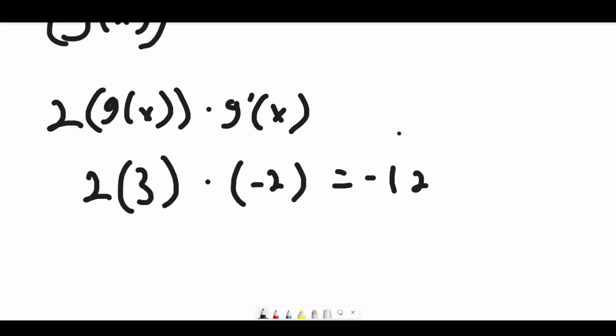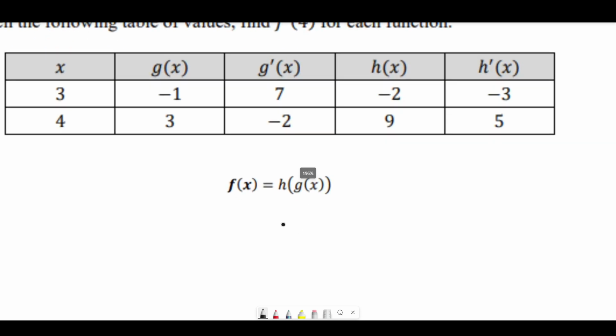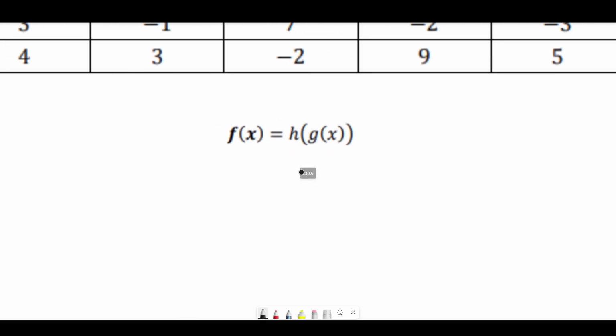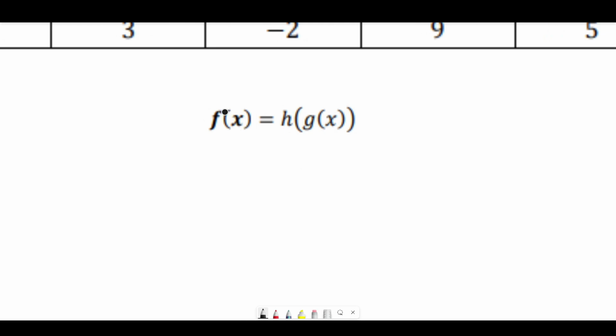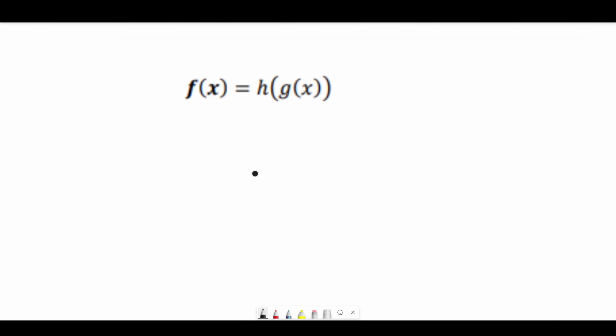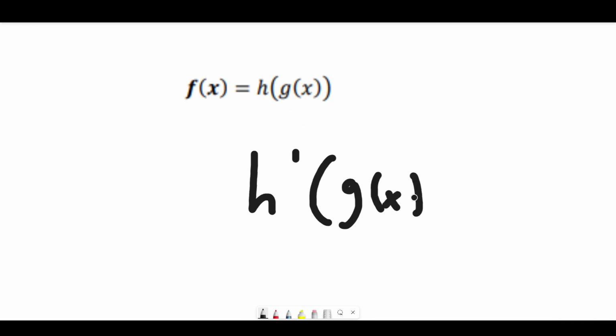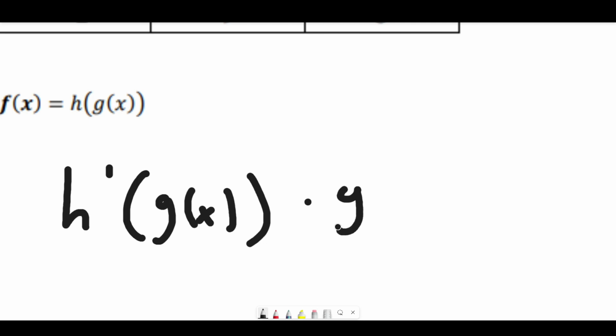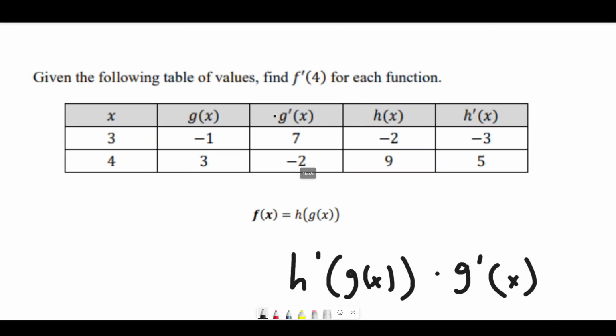This is the same process, but since there's no power rule or anything, you just got to remember the rule that if you want to find the derivative of this using the chain rule, it's going to be h prime of g of x times g prime of x. And then it wants us to find f prime of 4 again.